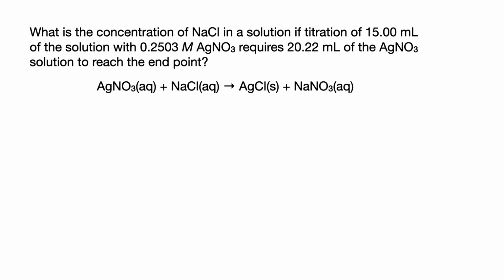What is the concentration of sodium chloride in a solution if titration of 15.00 milliliters of the solution with 0.2503 molar AgNO3 requires 20.22 milliliters of the AgNO3 solution to reach the endpoint? And we're given the relevant chemical reaction, AgNO3 aqueous plus NaCl aqueous goes to form solid AgCl and aqueous NaNO3.